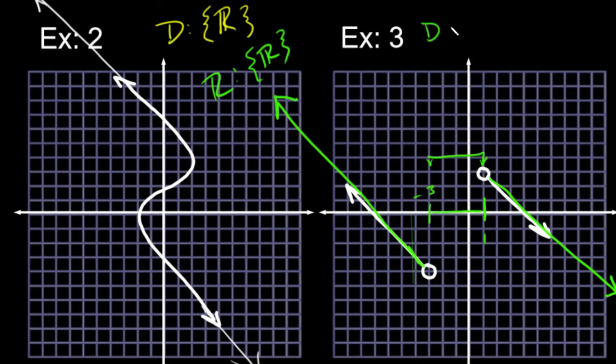So your domain is the set of x such that x is less than -3 and x is greater than 1. Okay? So it's the values of x where x is less than -3 or greater than +1. Does that make sense? I basically just wrote down this group of numbers as an inequality and this group of numbers as an inequality.